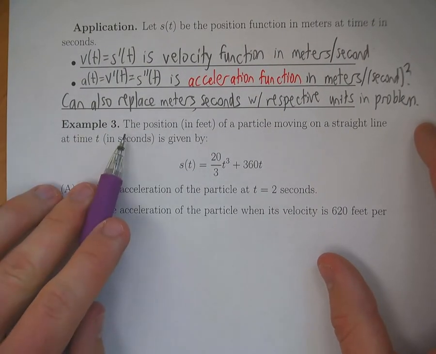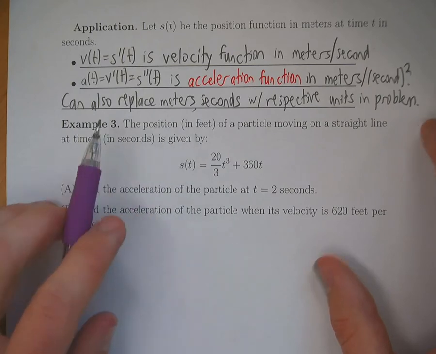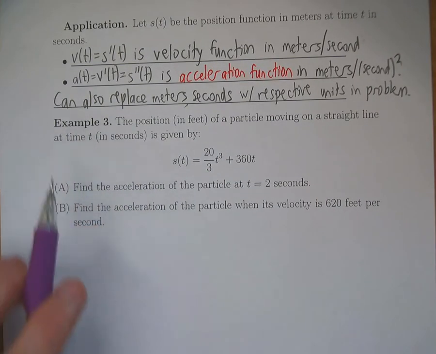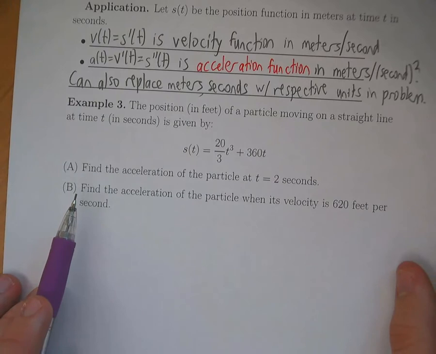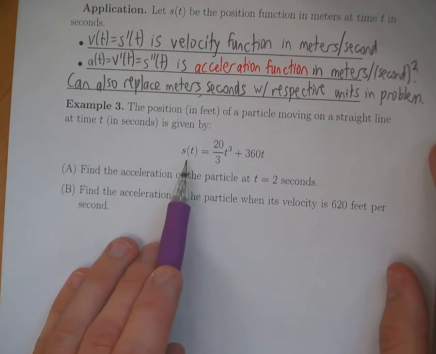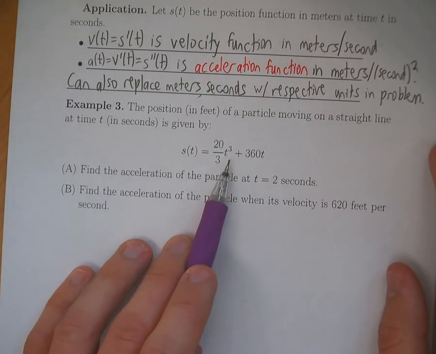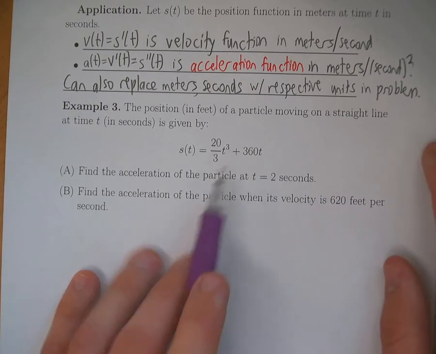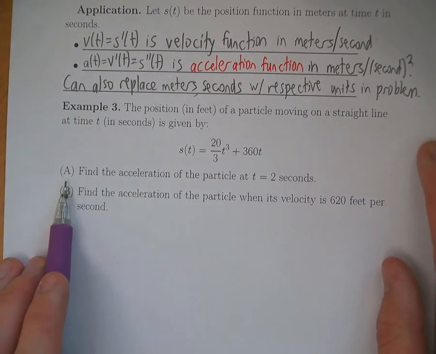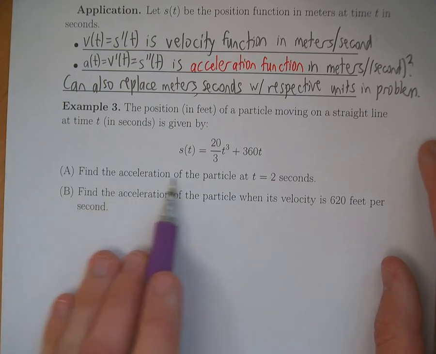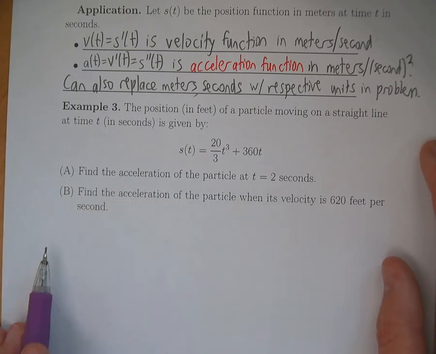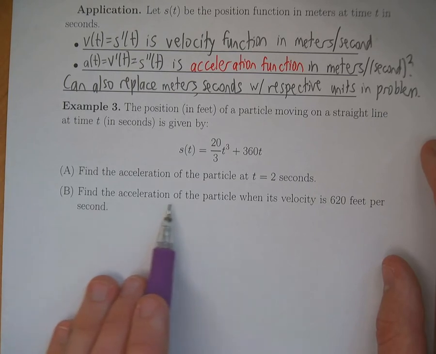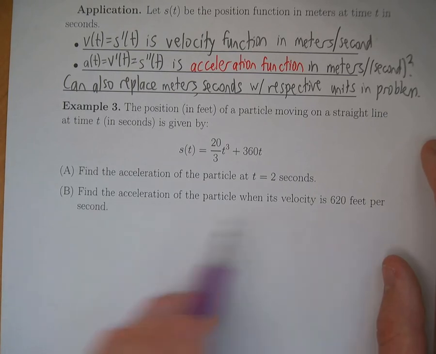So, we're given that the position function in feet of a particle moving on a straight line at time t in seconds is given by s of t equals 20 times t cubed plus 360 times t. The first part is we have to find the acceleration of the particle at 2 seconds, and then we have to find the acceleration of the particle when its velocity is 620 feet per second.